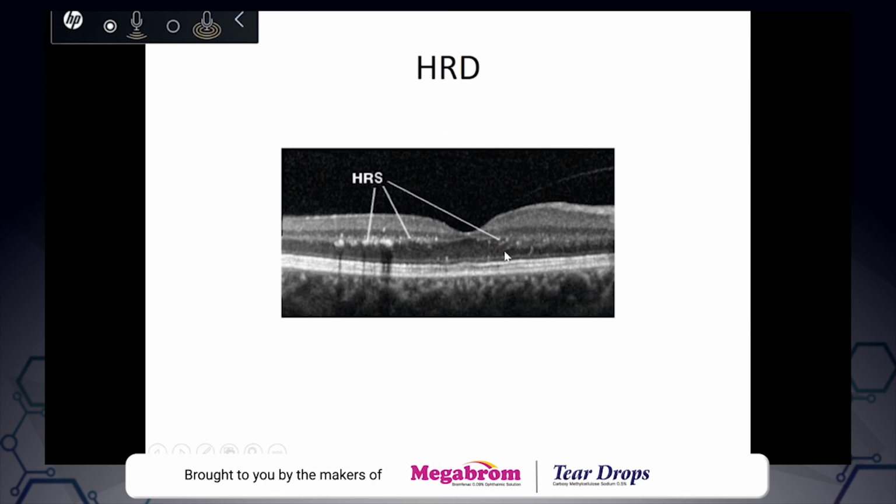These are called hyperreflective dots or hyperreflective spots. Hyperreflective lesions larger than 50 microns are hard exudates, but these are called hyperreflective spots. Hyperreflective spots are suggestive of an inflammatory etiology for your diabetic macular edema, so dexamethasone may be of more use. They may be distributed through the entire retina.